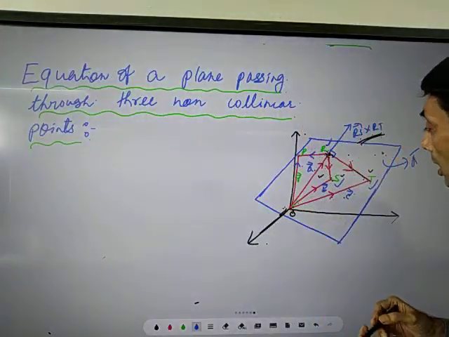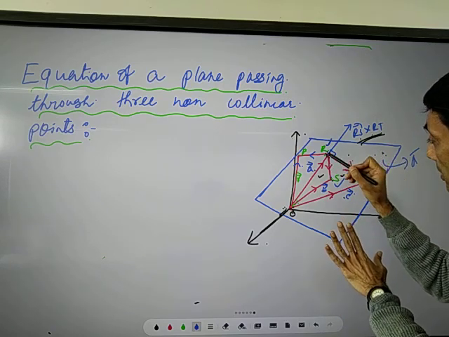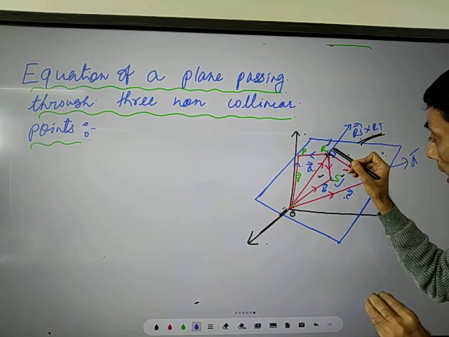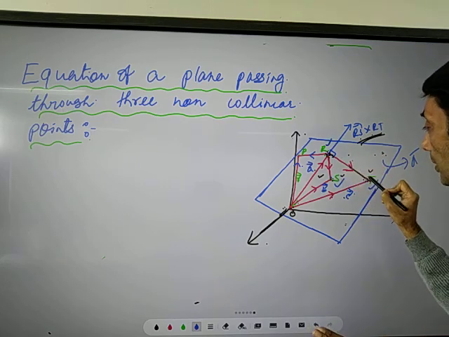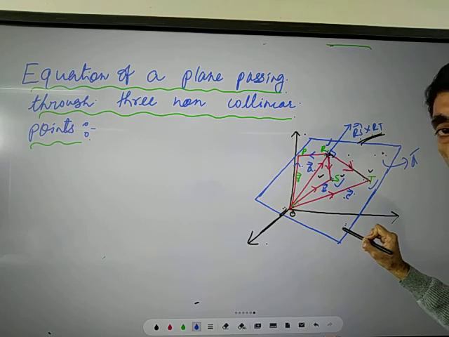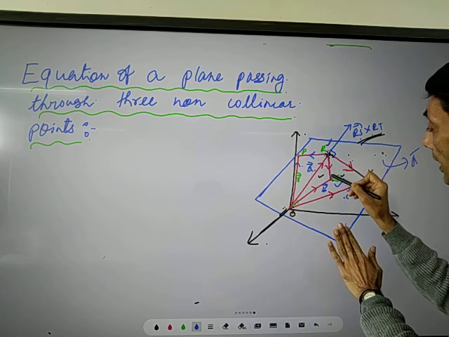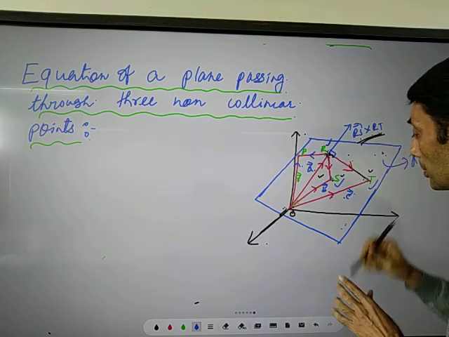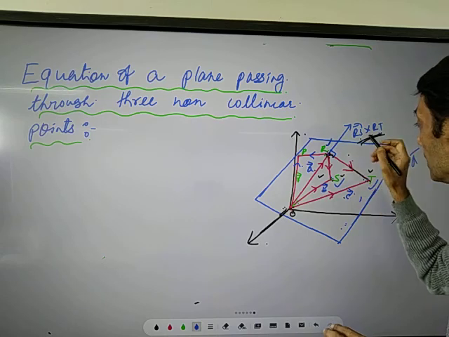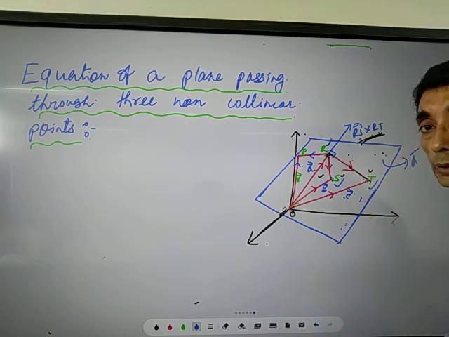Since this plane passes through the points R, S, T, RS is a vector lying on this plane, and RT is also a vector lying in this plane. Therefore, RS cross RT is a vector which is perpendicular to the plane.